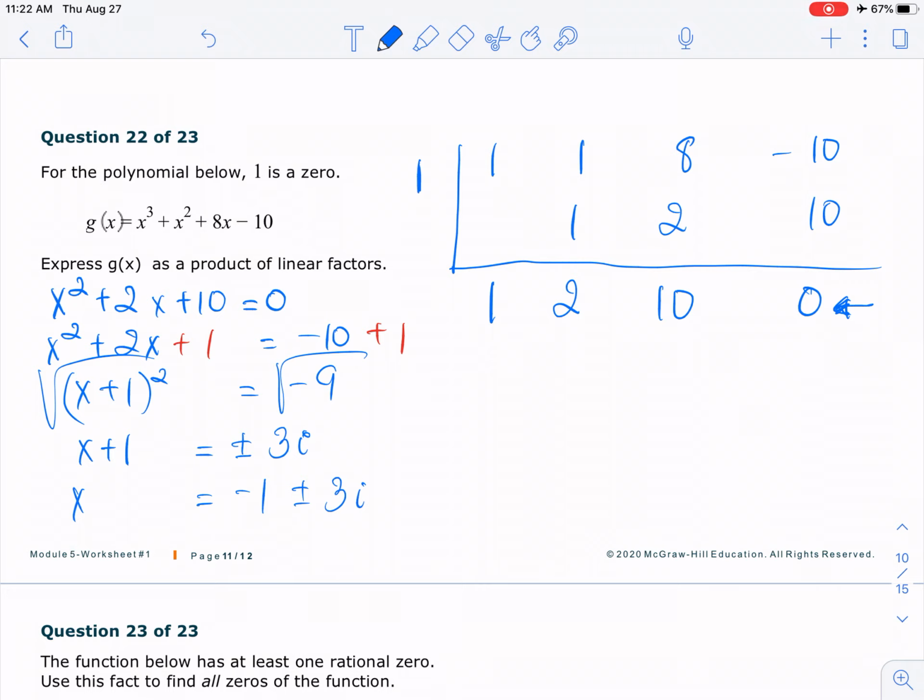So there are my two zeros. Okay, so let's just list them out. We have g of x, the original zero, which is 1, and then the two zeros I found, x minus negative 1 plus 3i, and x minus negative 1 minus 3i.